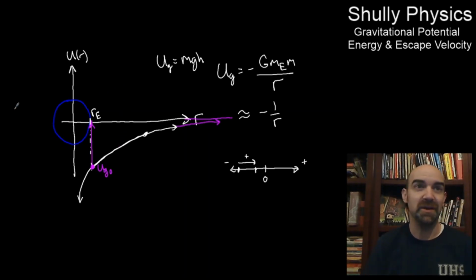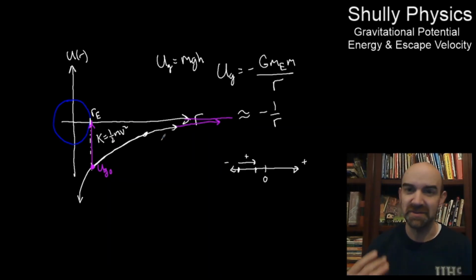And the nice thing about kinetic energy is it's related to velocity. How much velocity do we need to escape Earth? The escape velocity. What's that relate to? The kinetic energy needed to escape. That relates to the spacecraft's starting potential energy on the surface.